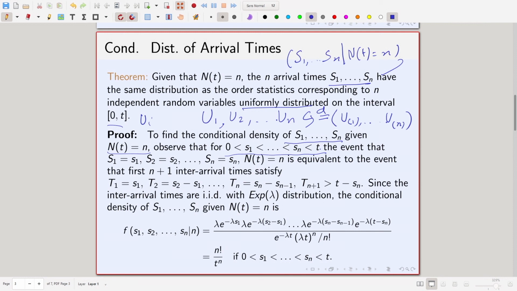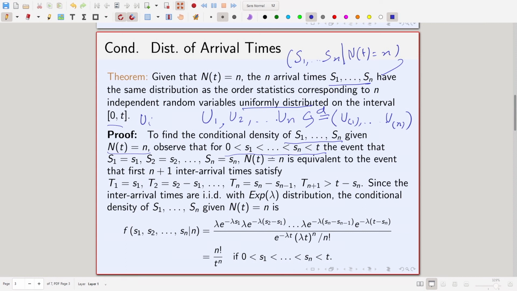Similarly here, because you were told that up to time t there have been n events, the times of occurrence of all these n events should be less than t, and obviously the time of occurrence of the first one should be less than the time of occurrence of the second event and so on. So you can see why we are looking at such a condition.